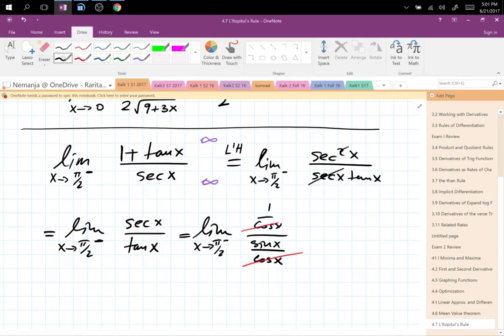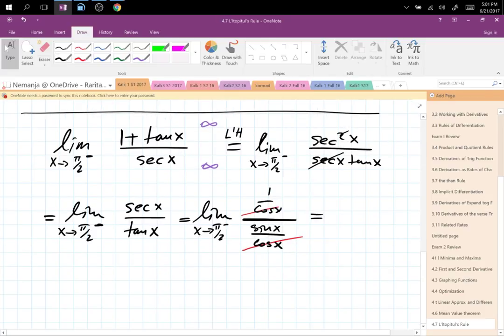If you multiply the upper fraction and the lower fraction both by cosine, then the cosines will just cancel, and all you have is the limit as x approaches pi over 2 of sine x. What is that? It's pi over 2.